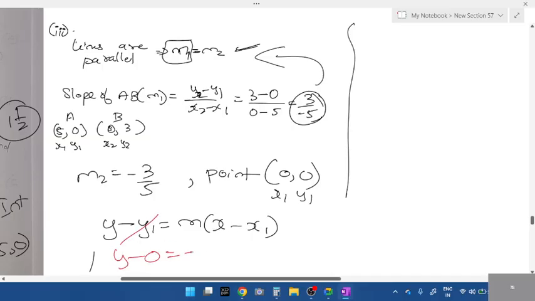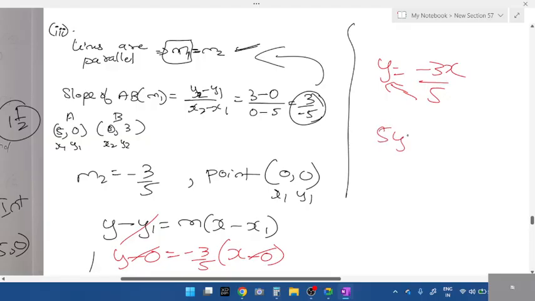Y minus 0 is equal to minus 3 by 5 into x minus 0. See, both are gone. Y is equal to minus 3x divided by 5. Shift 5 to the other side and make sure x is positive. 5y is equal to minus 3x. Shift this side. 3x plus 5y is equal to 0 is the answer.